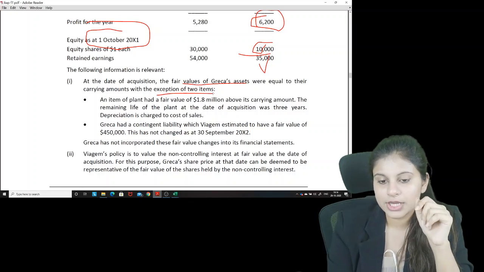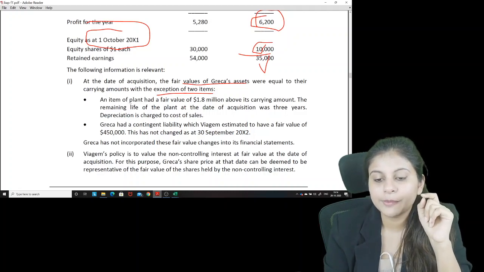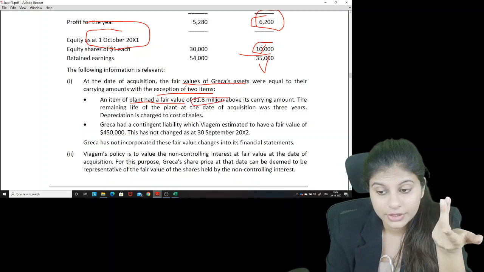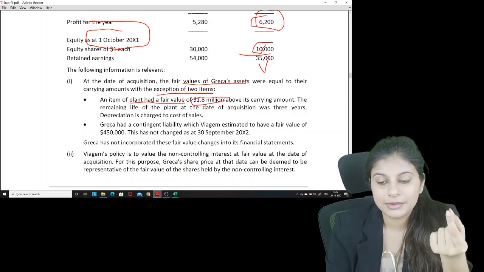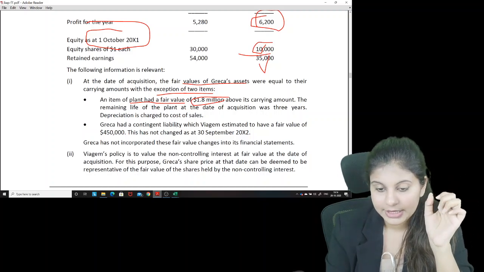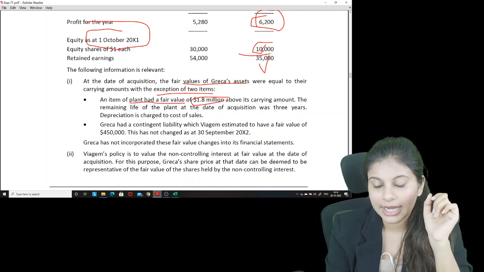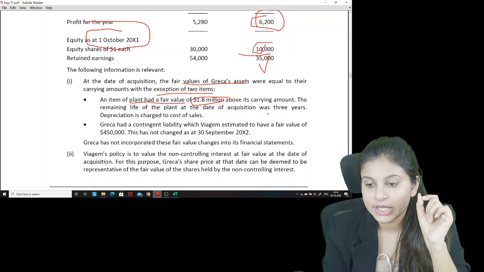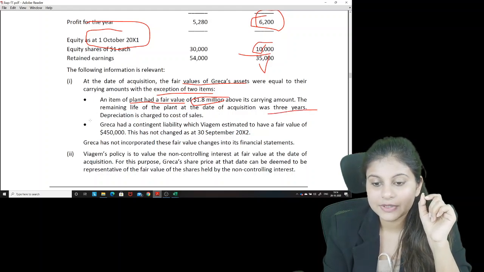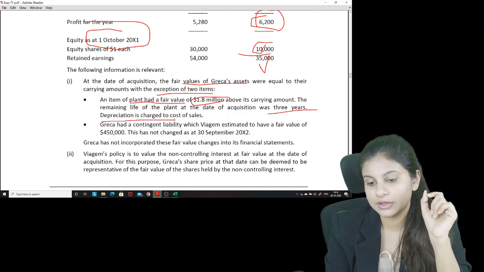What are these 2 things? One is an item of plant had a fair value of $1.8 million above its carrying amount. The remaining life of the plant at the date of acquisition was 3 years. Depreciation is charged to COGS.